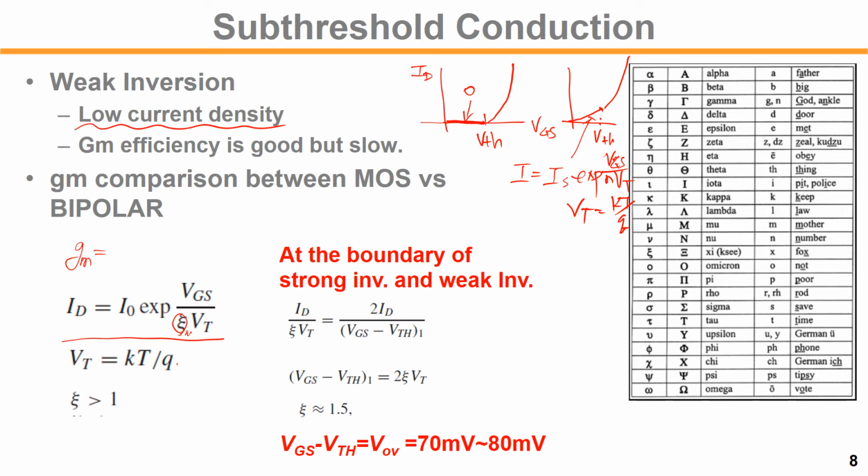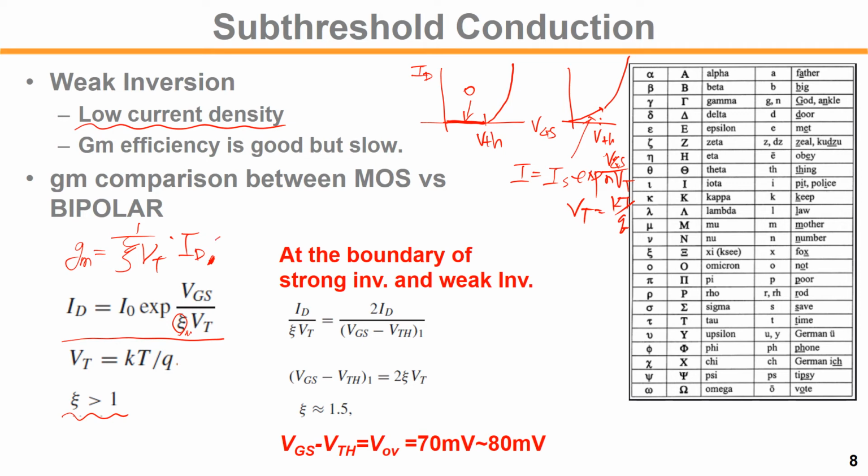Let's see, 1 over C VT times ID, right? Here C is typically greater than 1. So in this case, the GM is proportional to the current through this device.